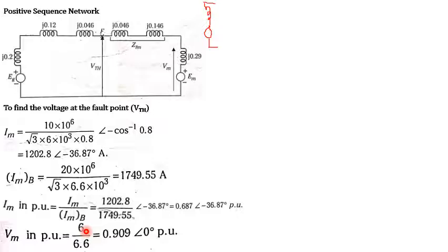The actual value is 6, and the base value is 6.6, meaning the terminal of the motor is working at 6 kV. So we'll get 0.909 at an angle of 0 degree.